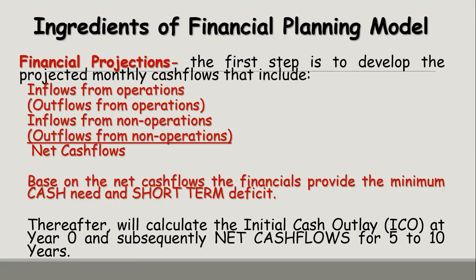Now, how are we going to calculate the net cash flows? It is calculated as inflow from operations minus outflow from operations, plus inflow from non-operations minus outflow from non-operations. That is equal to net cash flow.